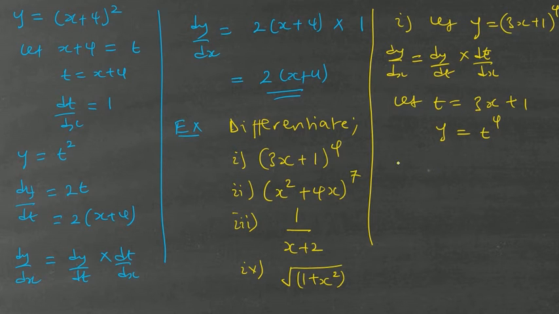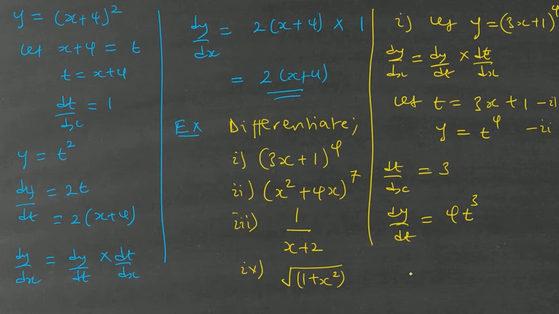So when we differentiate the first equation, we get dt/dx as 3. Then when we differentiate the second one, we get dy/dt as the 4 comes down, and we reduce the power 4 by 1.